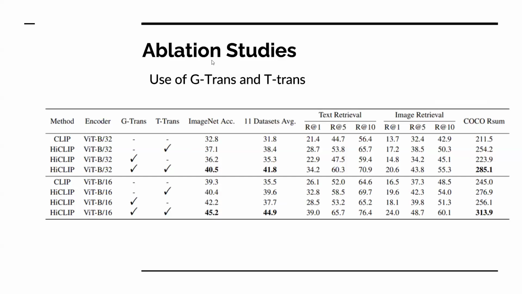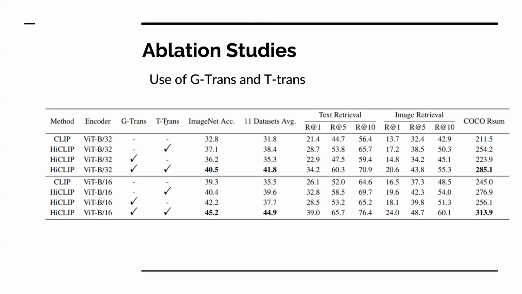And lastly, I got to cover the use of group transformer and tree transformer. This is really important. What the authors found out is that if you look at these rows, this is HiCLIP basically using both group transformer and tree transformer. But I want to highlight using only one of these components.